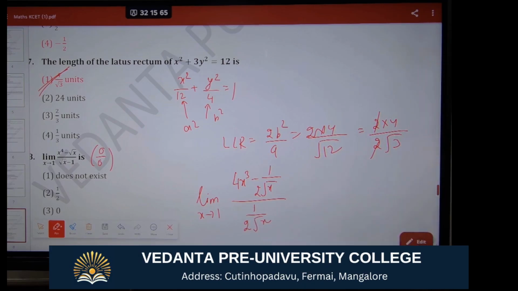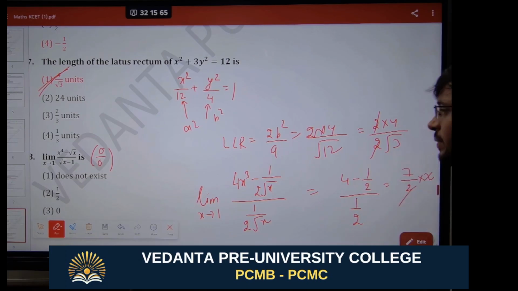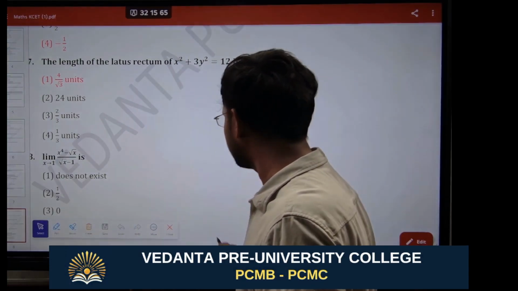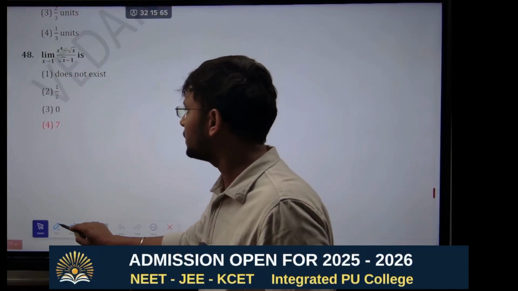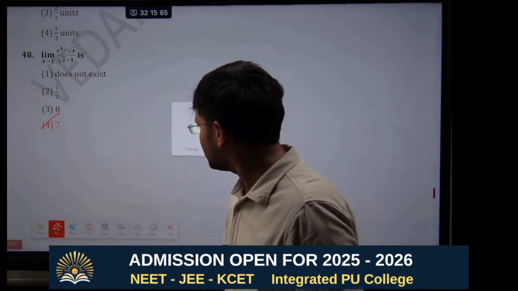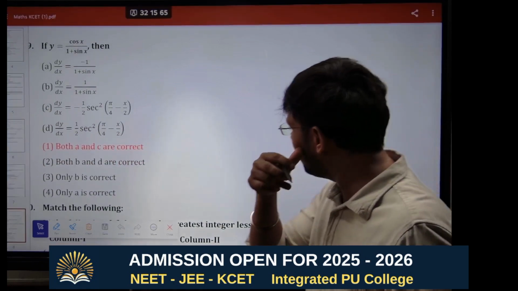After differentiation, substitute the value of 1. So the answer will be 7, which is option number this. Okay, very, very easy. Easy questions, not that difficult, I'll say.